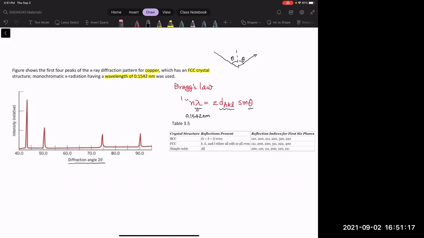The process is that you need to know this equation. You also need to know another equation. This equation is the equation to find out the d_hkl. How do we get this? This one is equal to this equation.